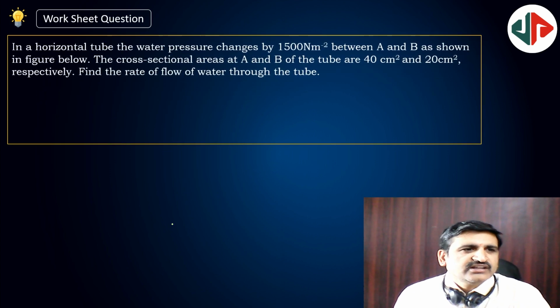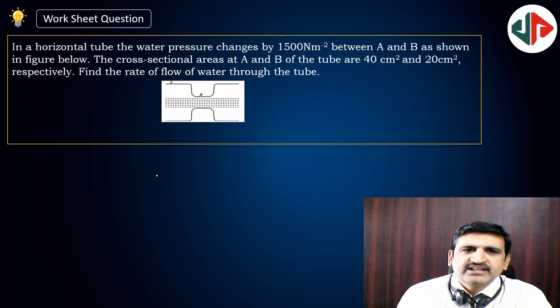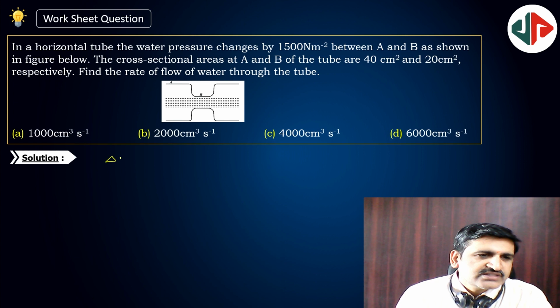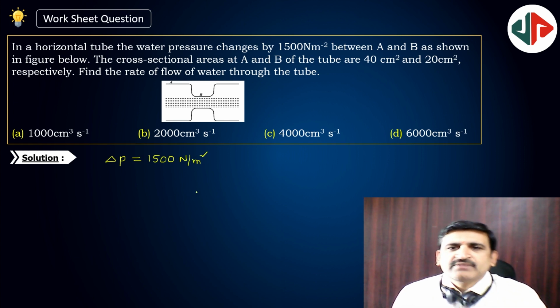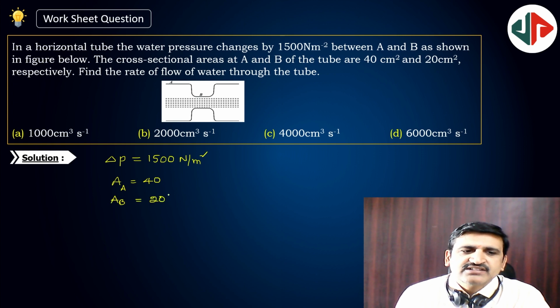Next one. In a horizontal tube of water, pressure changes by a pressure difference equal to 1500 Newton per meter square between A and B as shown in the figure. Cross sectional areas of A and B are 40 and 20 centimeter squares.